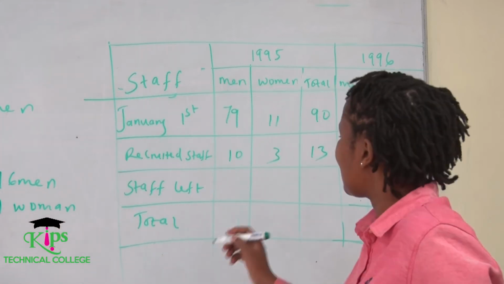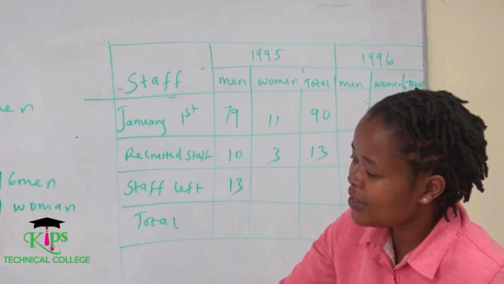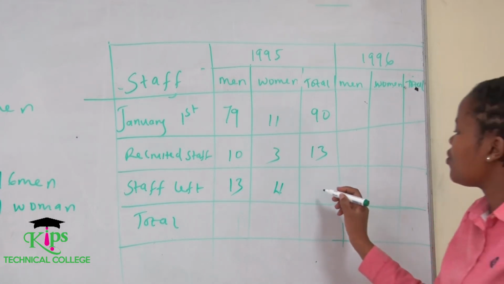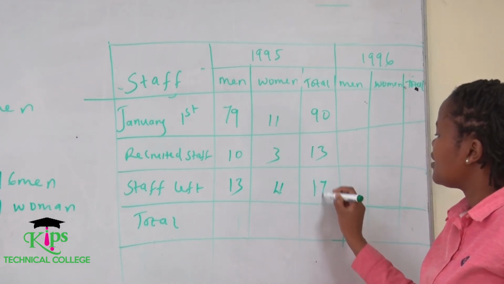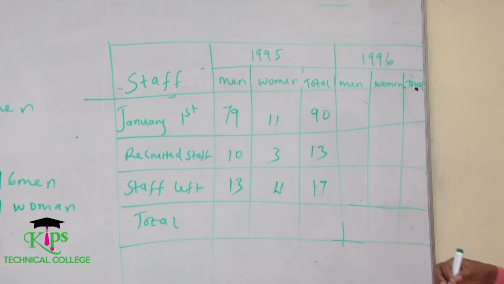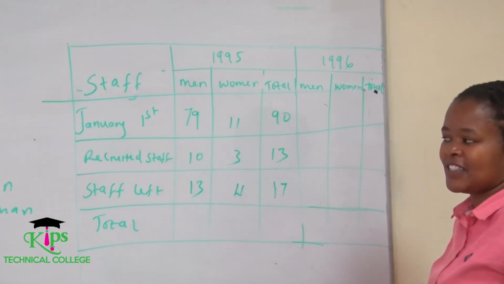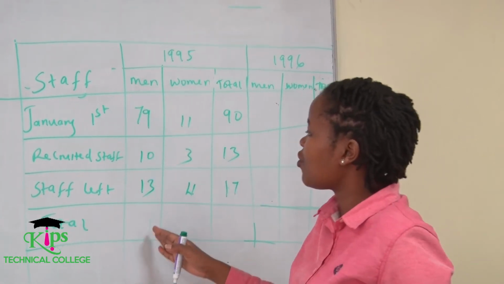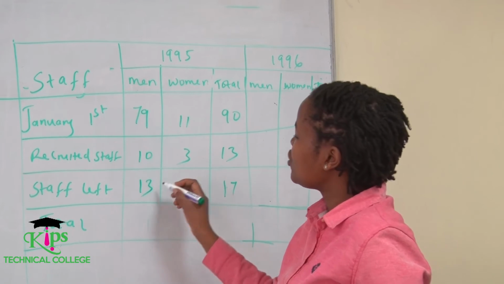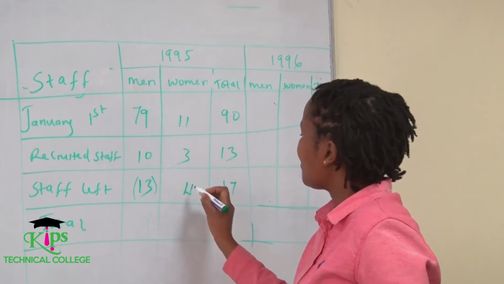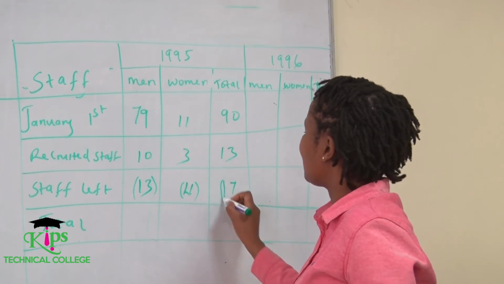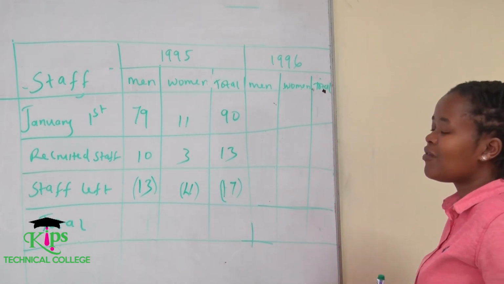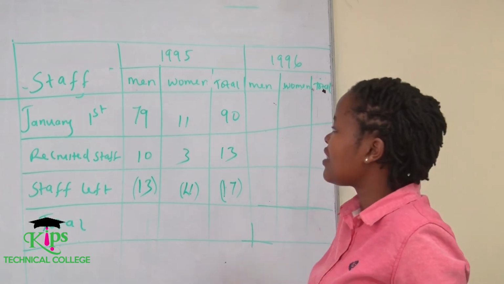We had 13 men and 4 women, so this makes a total of 13 plus 4, which is 17. Remember, these employees left the company, so when you're finding the total for this column, 13 should be minus, 4 should be a minus and 17 should be a minus. That will determine the correct total number of employees in the company.